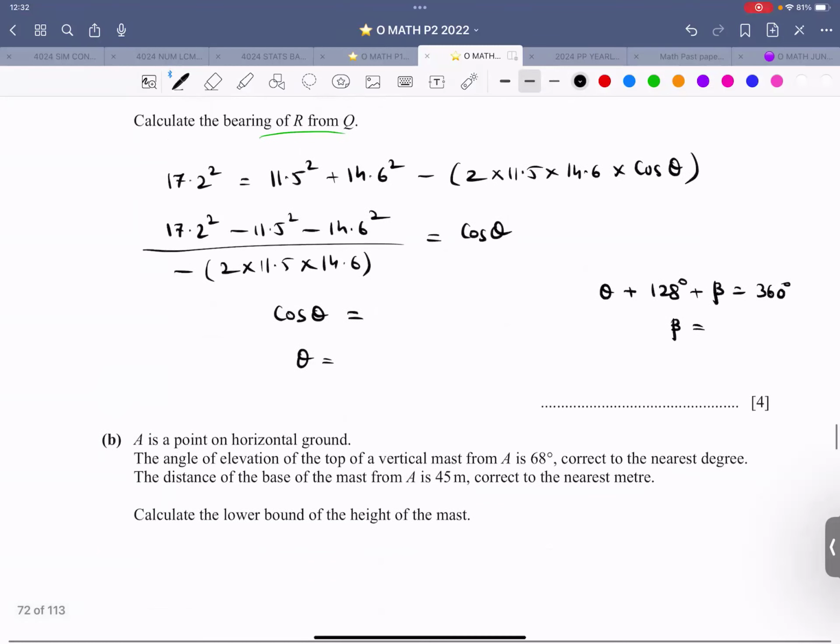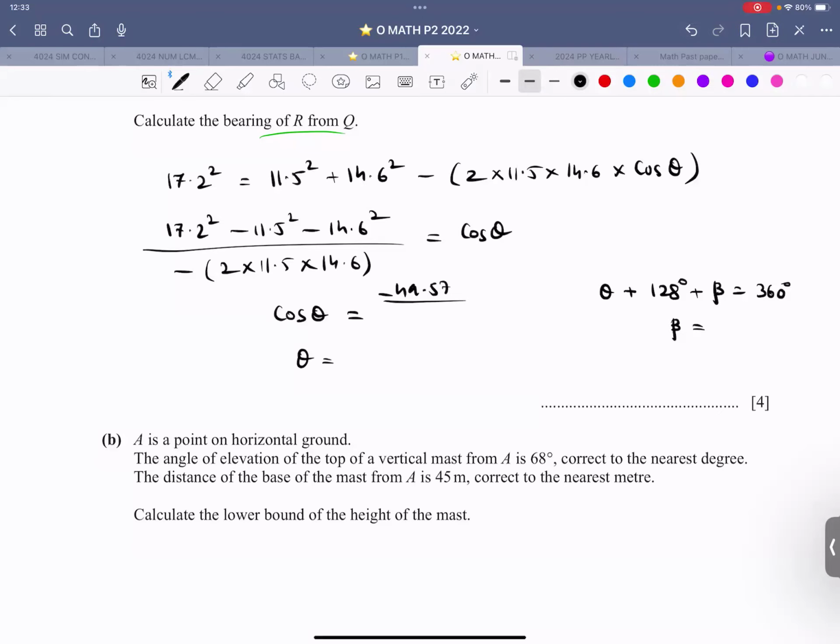Okay, so let me use a calculator. That is 17.2 squared minus 11.5 squared minus 14.6 squared. So this comes out to be negative 4957 over 100, that is 49.57. So that is negative 49.57 divided by, let me multiply 2 into 11.5 into 14.6.